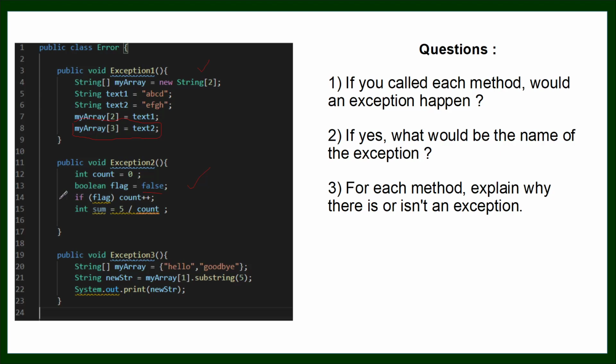So this if statement will not happen, which means that line 15 is going to be dividing by 0. And dividing by 0 is not allowed, and so we'll create an arithmetic exception. So there'll be an error, an exception, a runtime error on the second method.